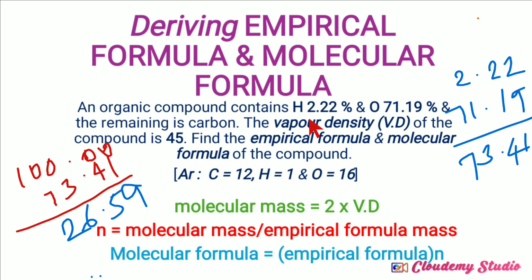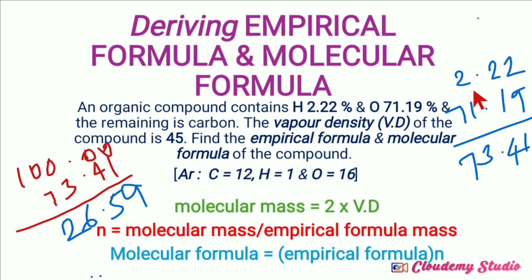In this question, in the organic compound of the three atoms carbon, hydrogen and oxygen, here hydrogen and oxygen percentage mass alone are given. The percentage mass of carbon needs to be calculated by subtracting this total from 100. So first of all, we need to add the percentage mass of hydrogen and the percentage mass of oxygen.